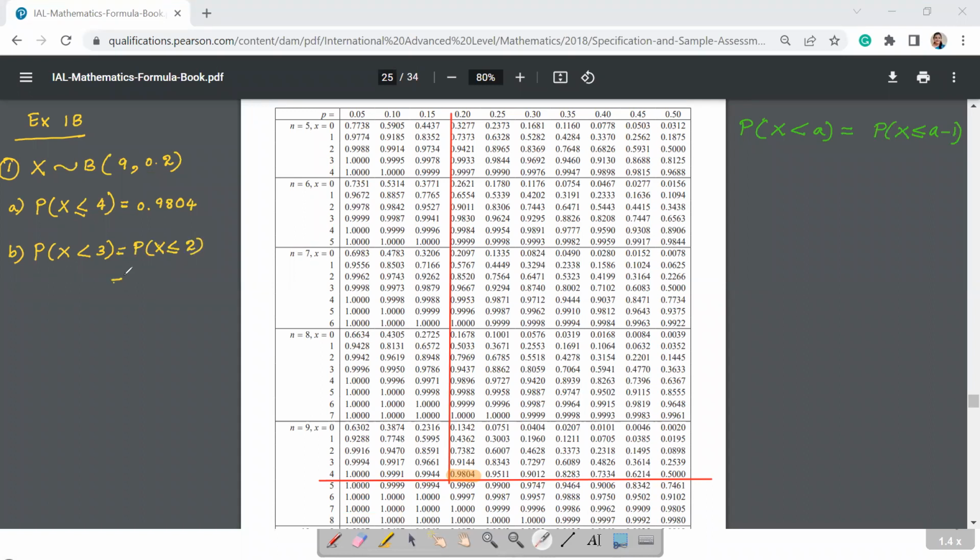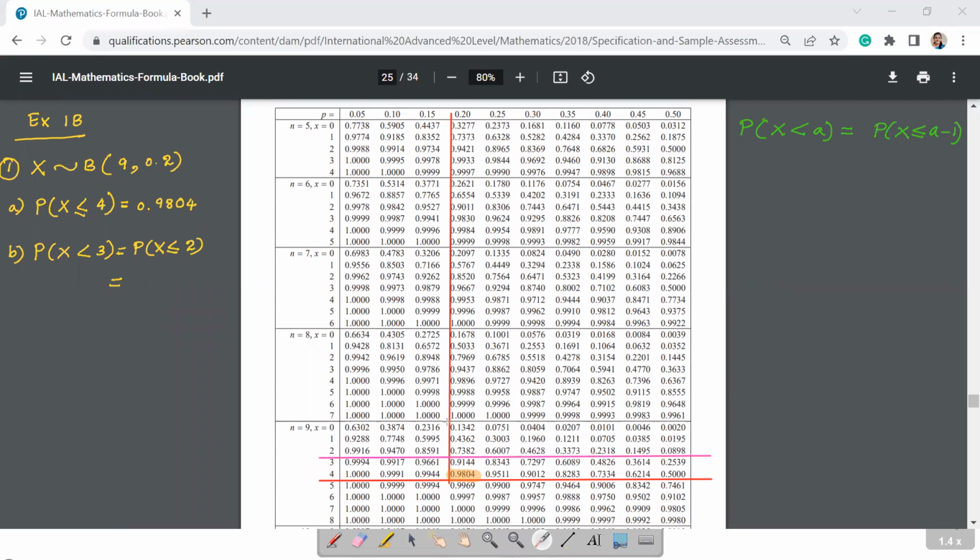So guys, let's go to the probability X is less than or equal to 2. How do you get it? Guys, draw a line. Can you see I'm drawing a line, the pink color line?